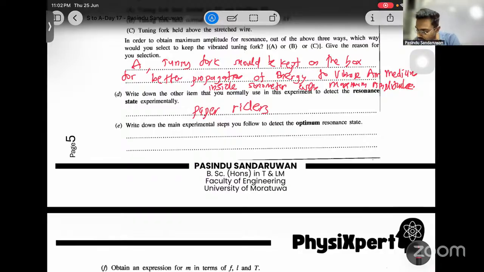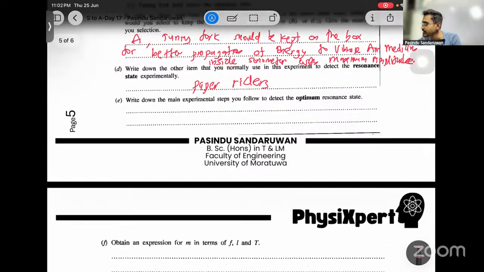Then write down the main experimental steps that you would follow to detect the optimum resonance state.